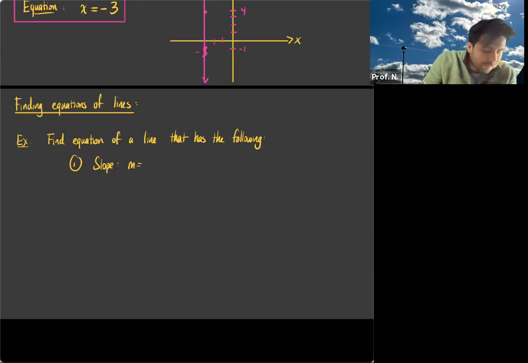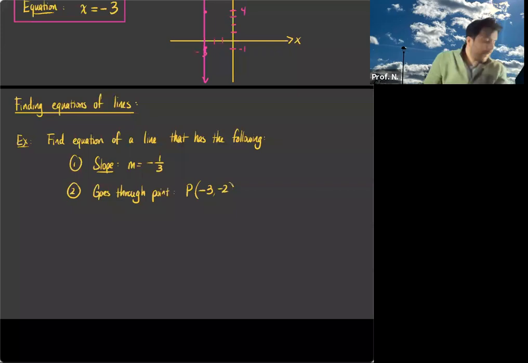I'm giving you the slope. The slope is -1/3. And I'm going to give you that it goes through the point -3, -2.